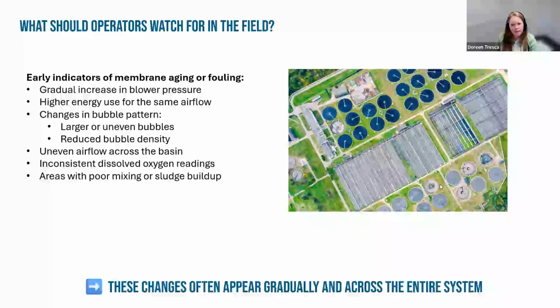If you have those uneven airflow patterns and those changes in bubble patterns, that's also going to lead to inconsistent dissolved oxygen readings. So that's another way you can start to spot that maybe something is going on. Over time, you are also going to see some areas where mixing is reduced and sludge starts to accumulate. If you have MBBR media in the tank, you might notice that the media is not mixing properly.